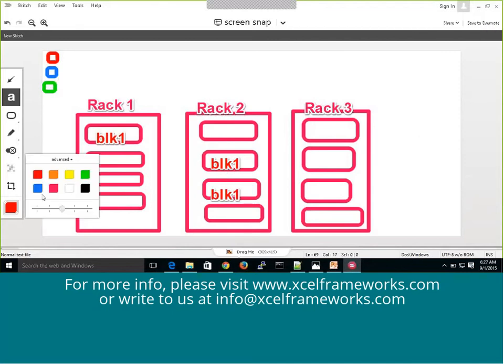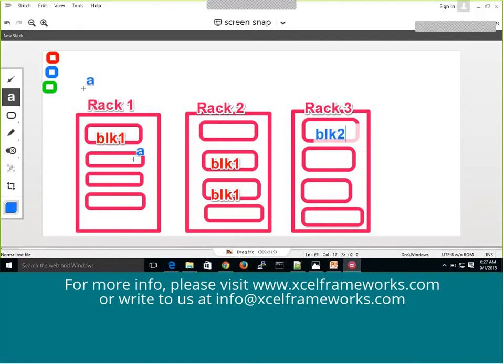Similarly, my blue block, block 2, is written here, and here, and here.